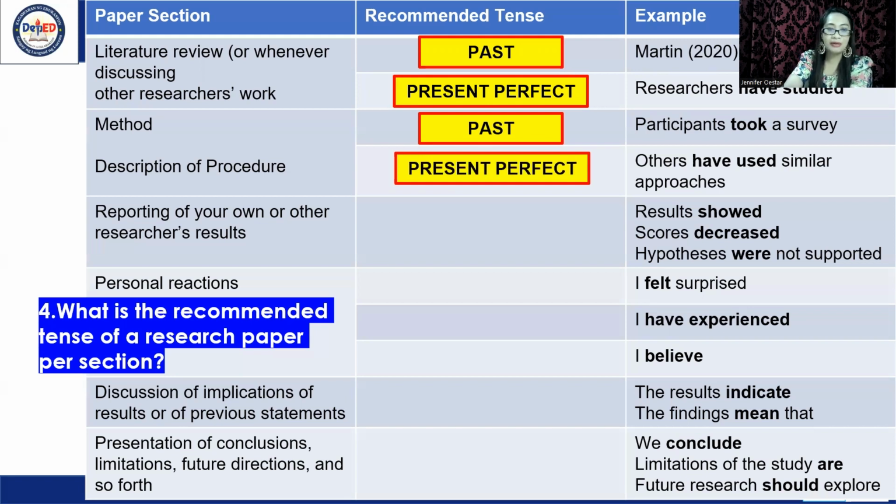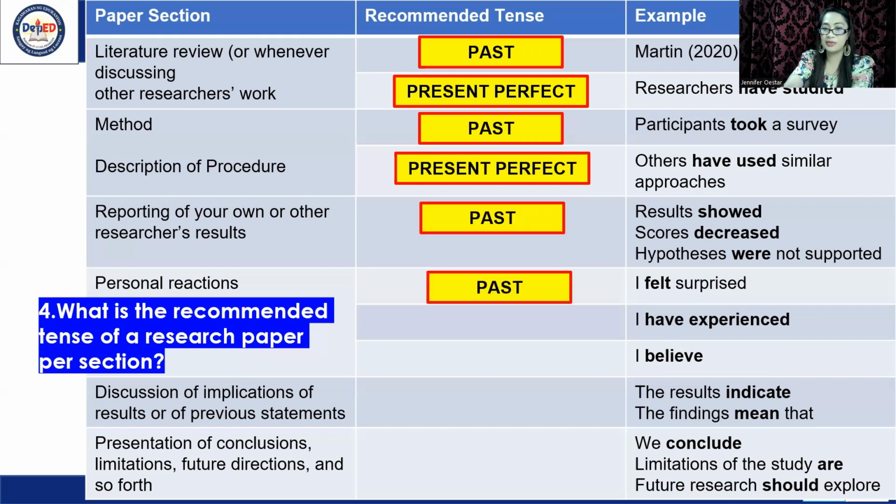How about reporting of your own or other research's results? Example, results showed scores decreased, hypotheses were not supported. Our tense should be in the past tense. How about personal reactions? I felt surprised. Yes, correct. It's in the past tense. How about I have experience?